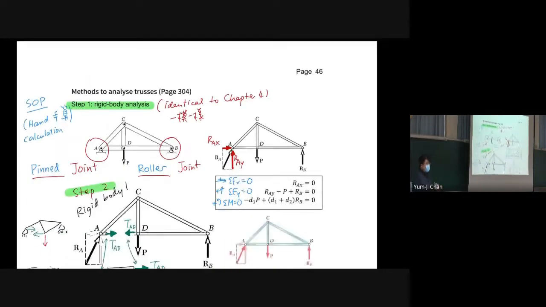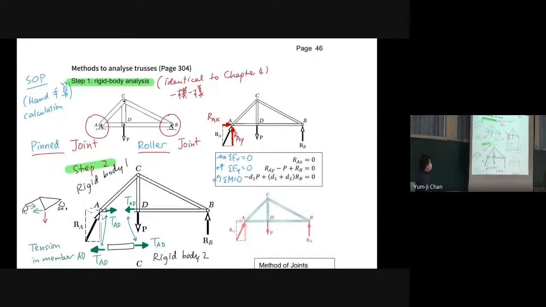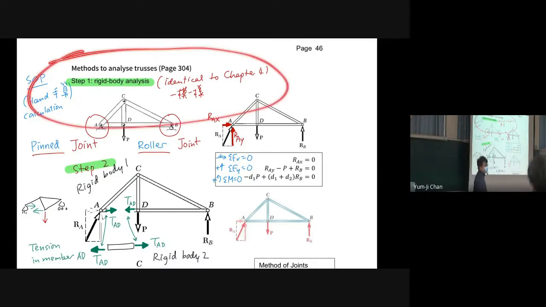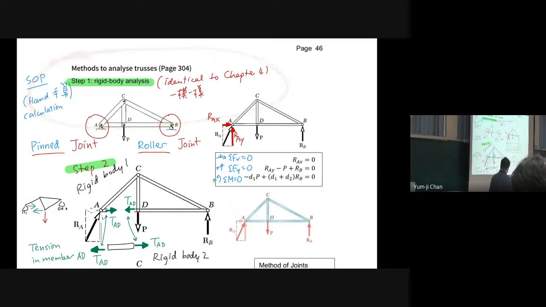Now, for the procedure of analyzing trusses, the first step is the rigid body analysis, same as chapter 4. In this problem, I'll come back to this later, we have a pin joint on the left and a roller joint on the right. In a pin joint, we cannot move left and right, and we cannot move up and down.